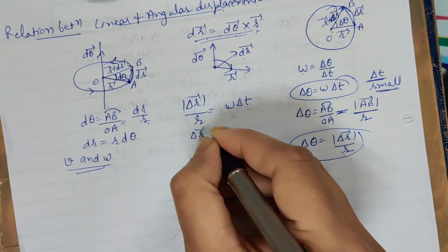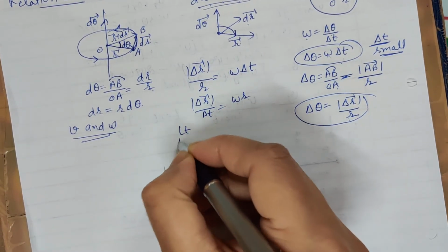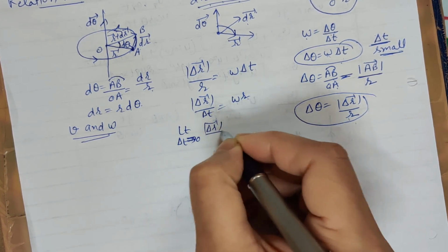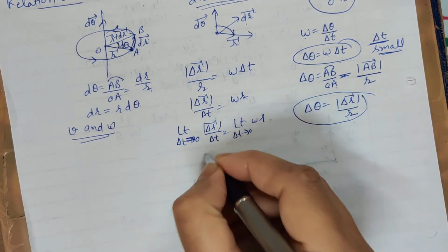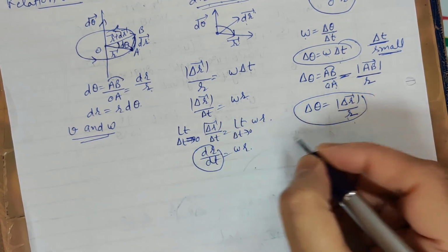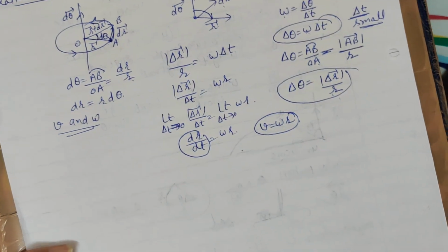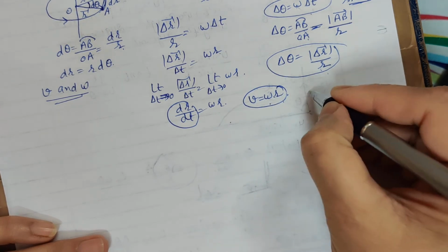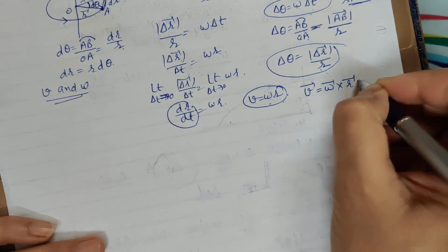So delta r upon delta t is equal to omega r, and when we take the limit as delta t approaches 0, dr upon dt is omega r. This dr upon dt is called linear velocity, so linear velocity is equal to angular velocity times the radius of circular motion, and in vector form it is written as omega vector cross r vector.